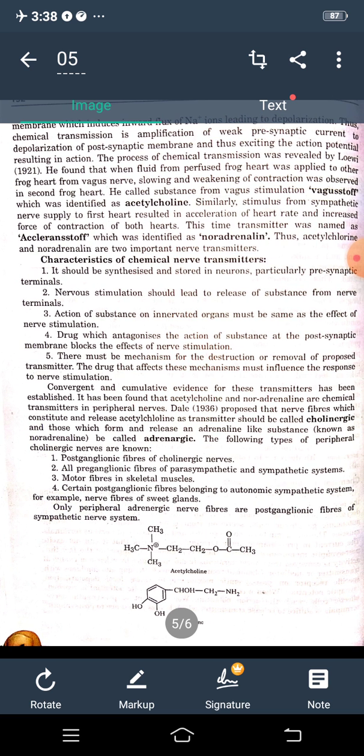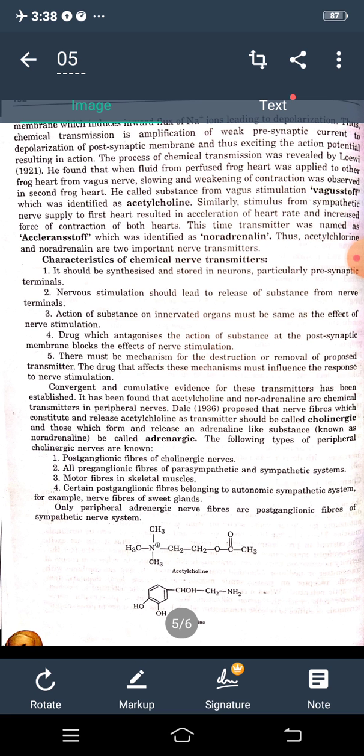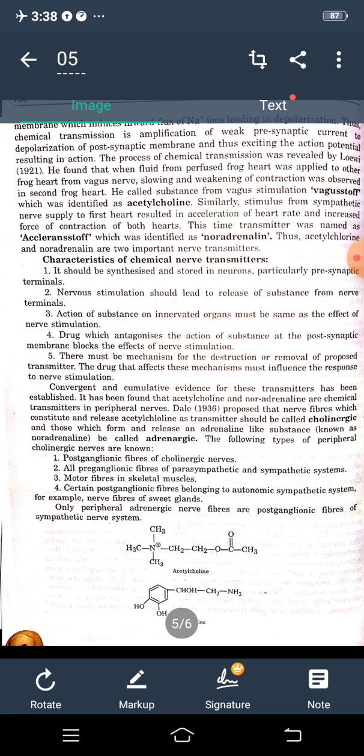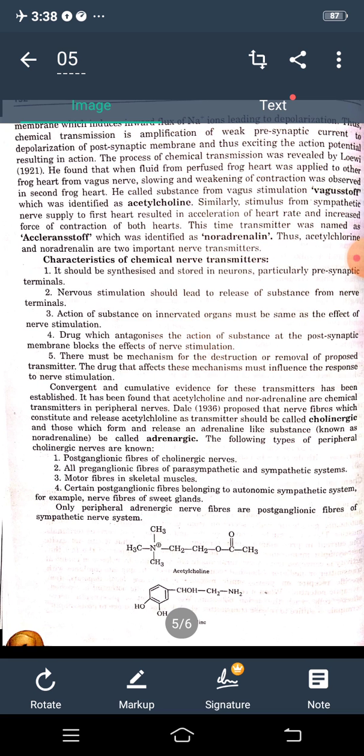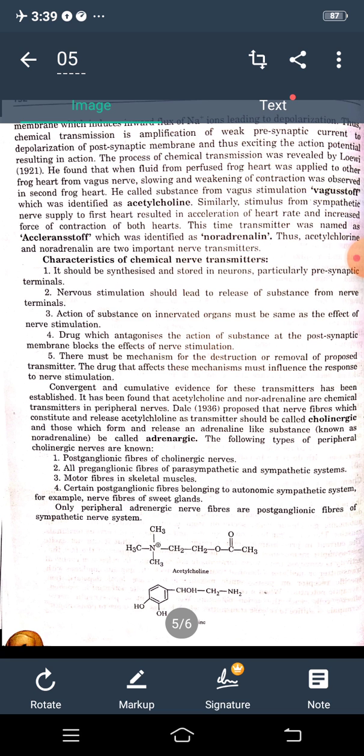Characteristics of chemical neurotransmitters: it should be synthesized and stored in neurons, particularly pre-synaptic terminals. Nerve stimulation should lead to release of the substance from the nerve terminal. Action of the substance on innervated organs must be the same as that of nerve stimulation. A drug which antagonizes the action of the substance at the postsynaptic membrane should block the effects of nerve stimulation.